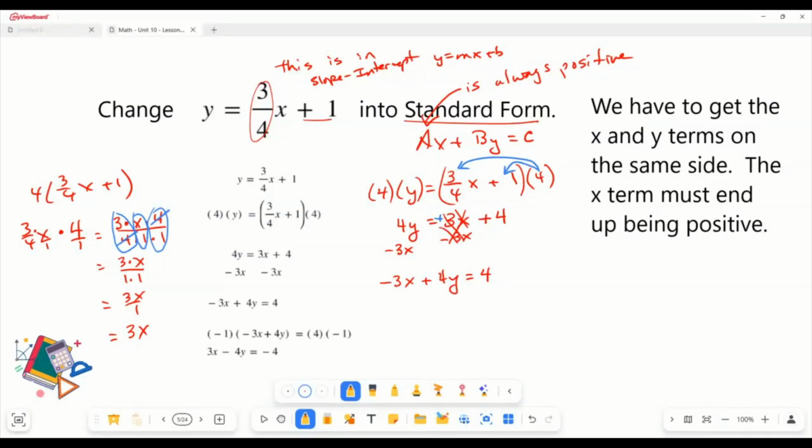You can get rid of a negative by multiplying by a negative. So I'm going to take this whole side and multiply it by -1, and this whole side and multiply it by -1.